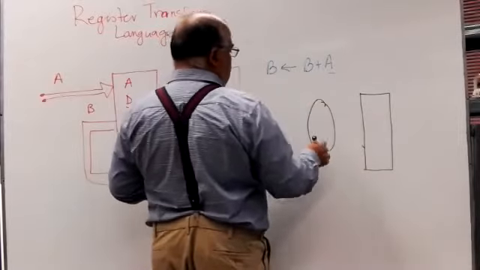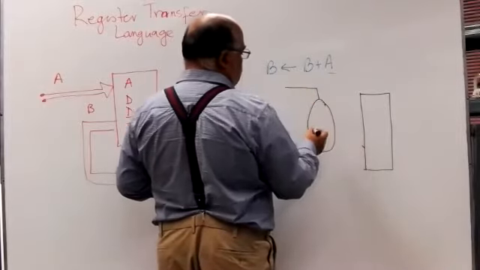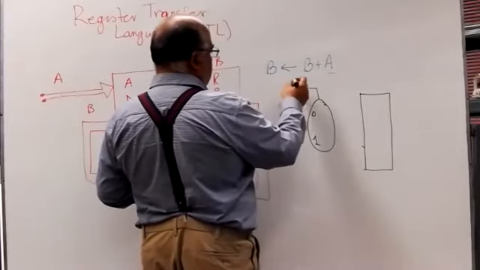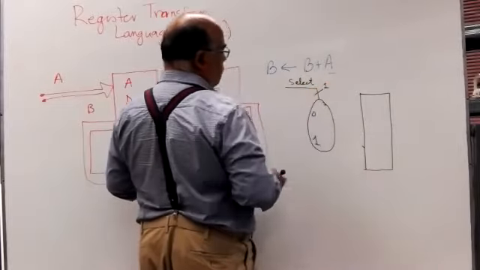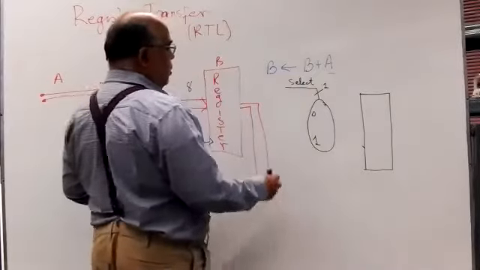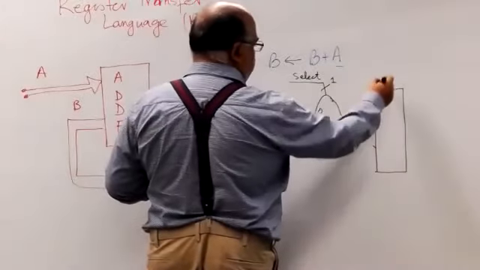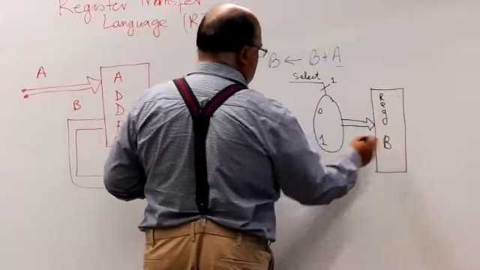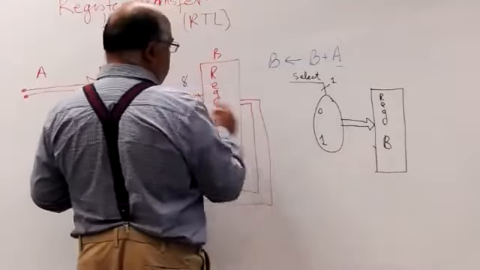This is very common in some computer organization books. So this is basically a multiplexer. 0, 1, control, select input. Since it is just two inputs, select is 1 bit. And the output of this goes to this register B. And the input of this is the normal output coming from the adder.